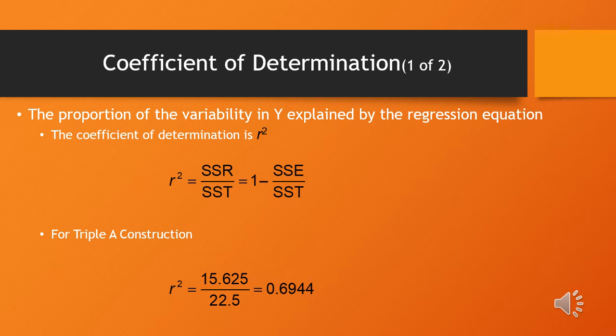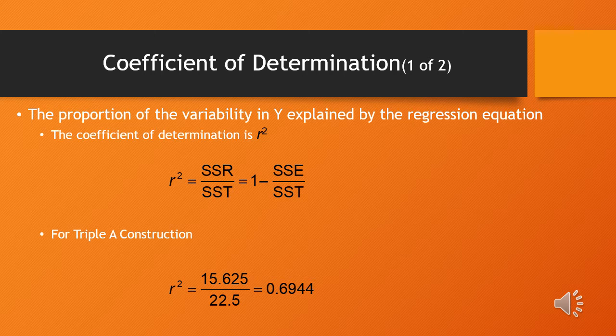R squared equals SSR divided by SST, which equals 1 minus SSE divided by SST. For our example, the AAA construction company, we have R squared, where our SSR was 15.625 divided by our SST, which was 22.5, equals 0.6944.